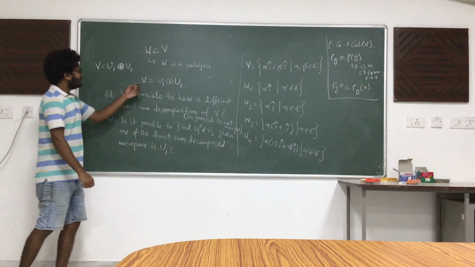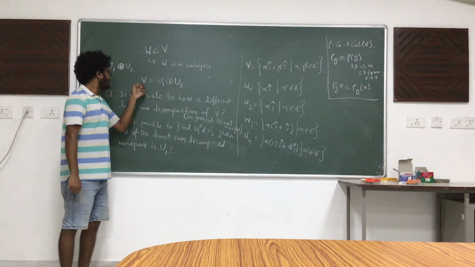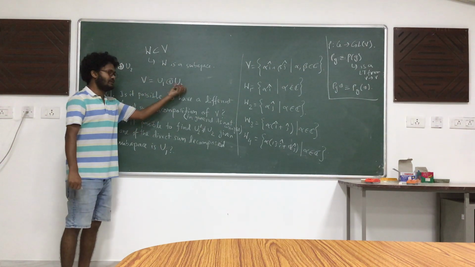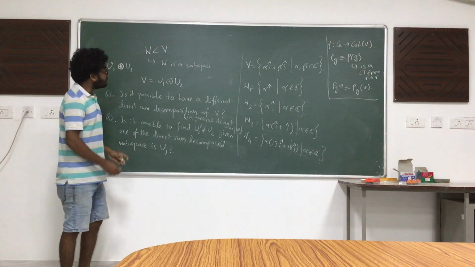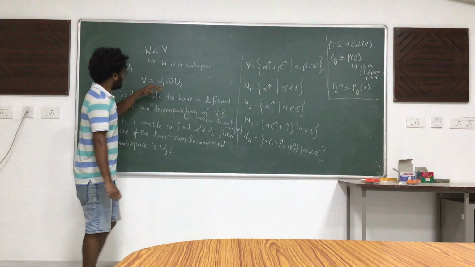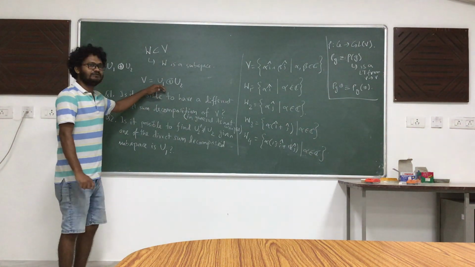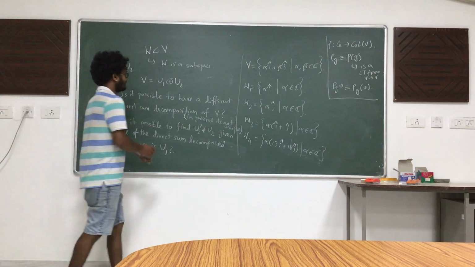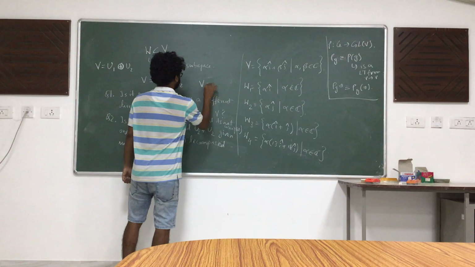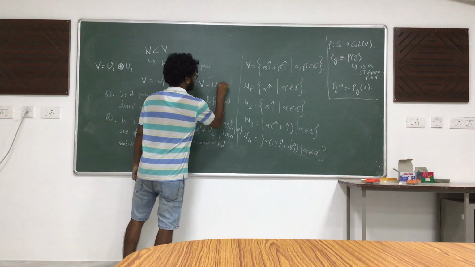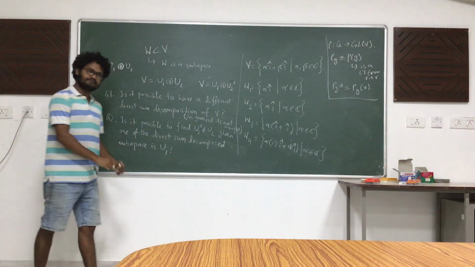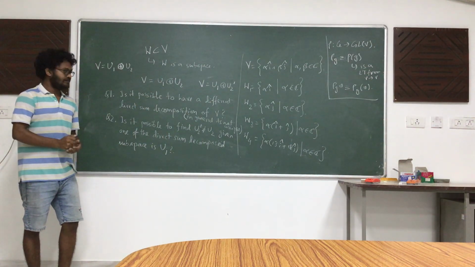Let us say we have decomposed V in two direct sum decompositions. One is E1 and another is E2. Is it possible to find, let's say I have given one of the direct sum decompositions to be U1, and the other is U2, let us say, and U2 prime.